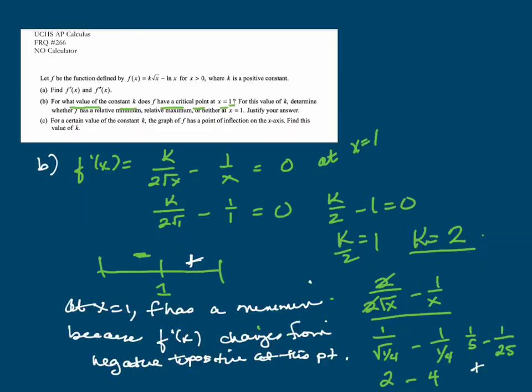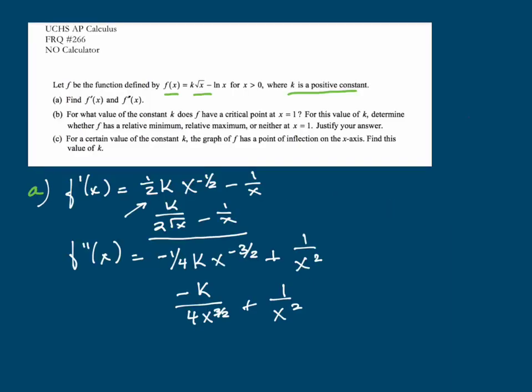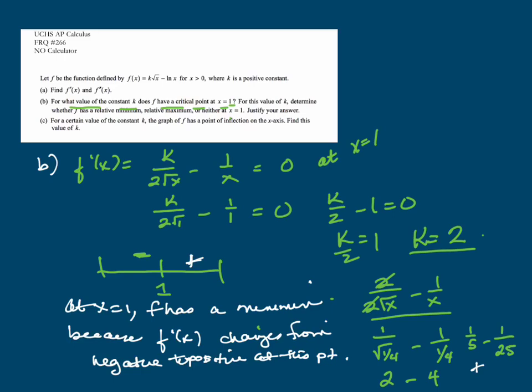All right, let's do points. So part A is worth a total of 2 points. You get 1 point for f prime of x and 1 point for f double prime of x. All right, part B is worth 4 points.